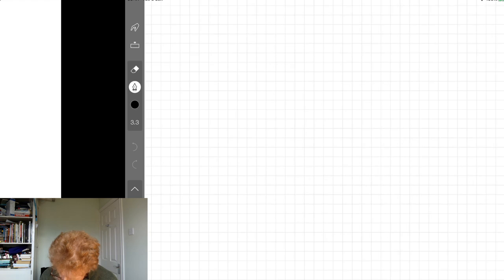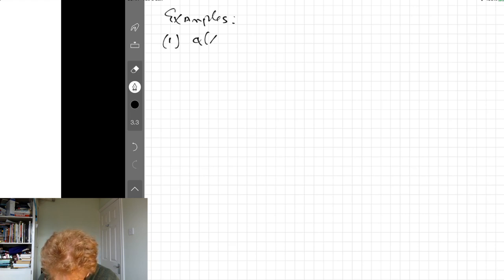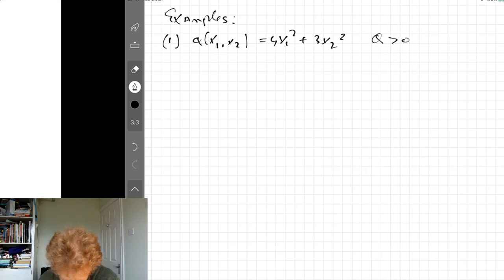So let's look at a series of examples. Here are the questions. One, Q of x1, x2 is 4x1 squared plus 3x2 squared. Well, Q is bigger than 0 except when x is 0.